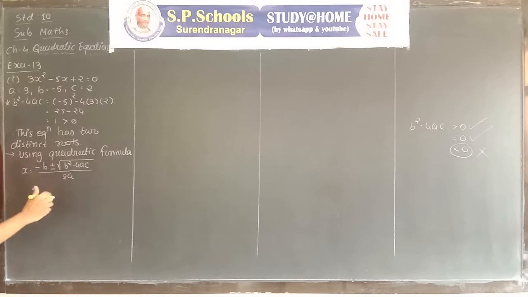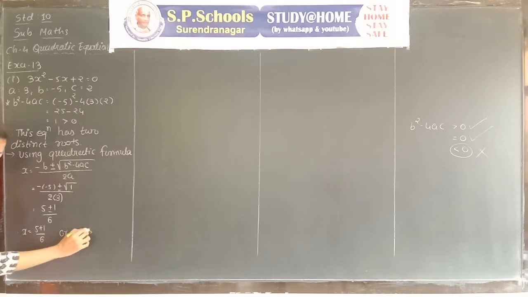Now we substitute all the values. Instead of b, minus minus 5, plus or minus square root of b square minus 4ac which is 1, upon 2 into a, which is 3. So 5 plus or minus 1 upon 2 3s are 6. x is equal to 5 plus 1 upon 6, or x is equal to 5 minus 1 upon 6.